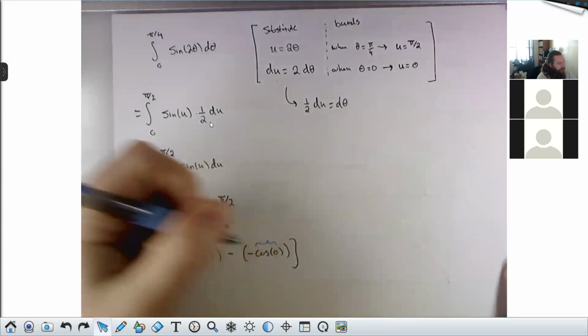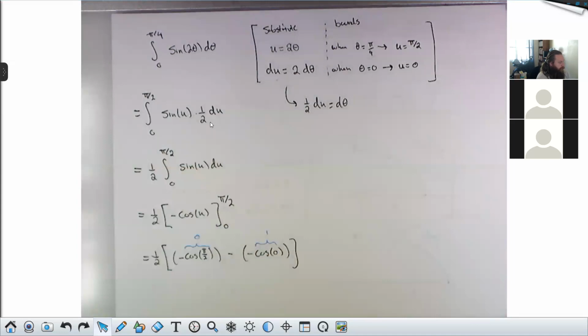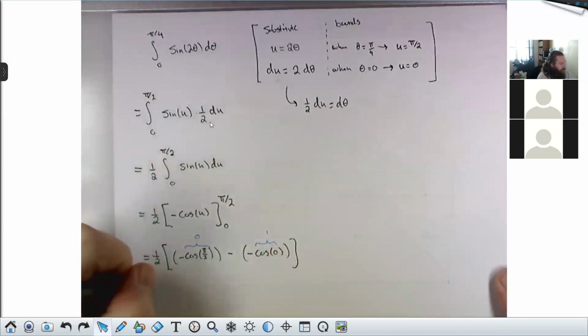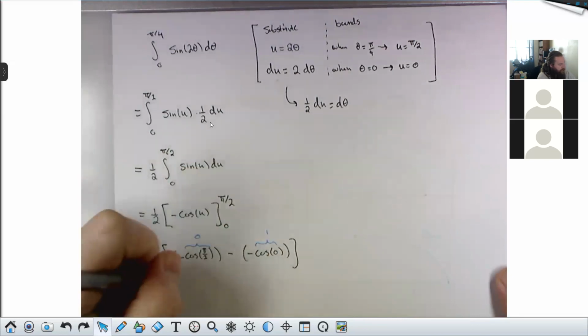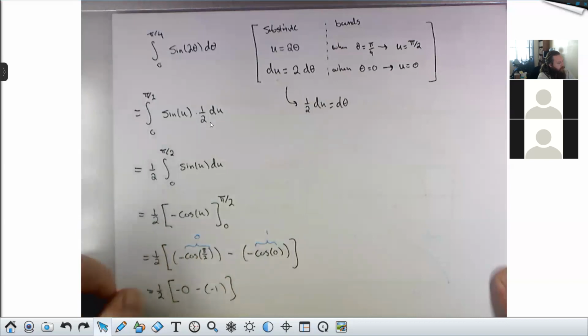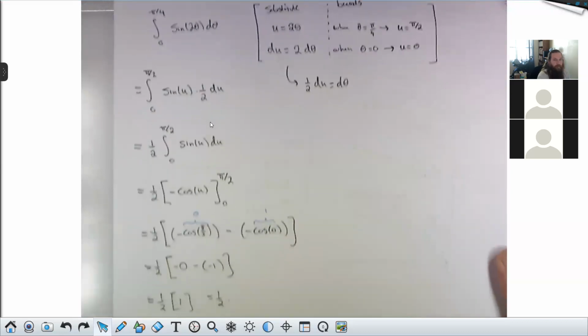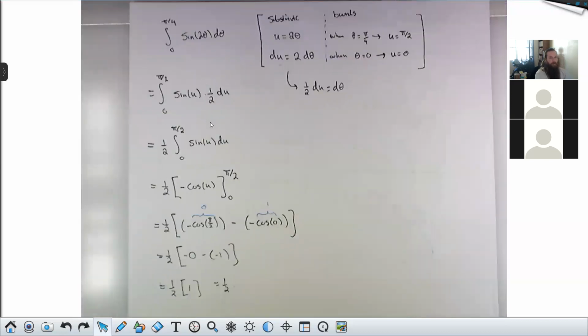Cosine of 0? It's 1. Good. So I have negative 0 minus negative 1. So that's just 1/2 times 1, which is 1/2. And again, this is the magic of substitution.